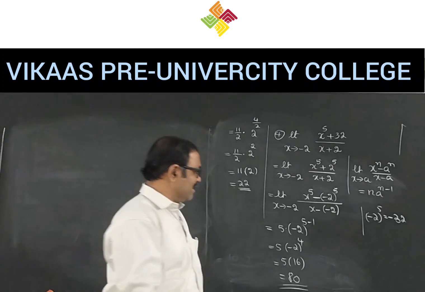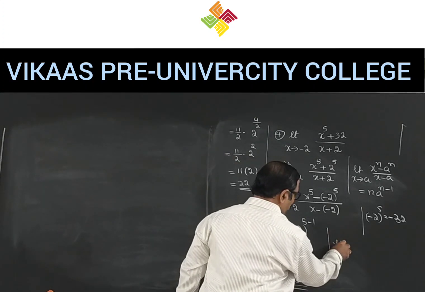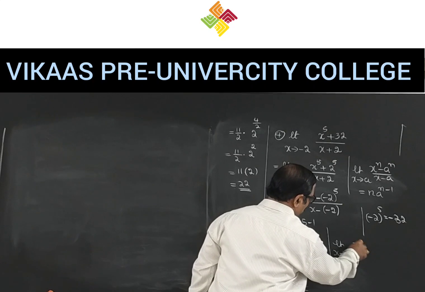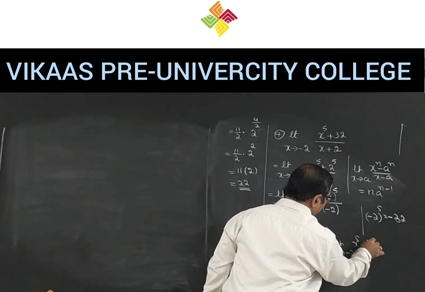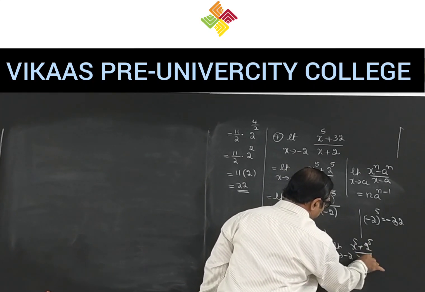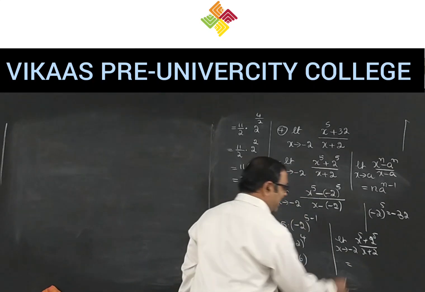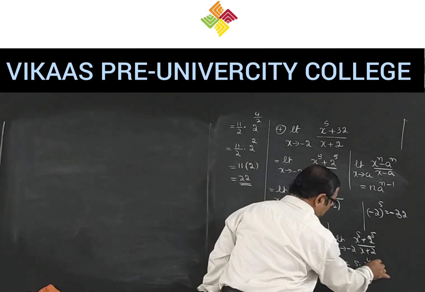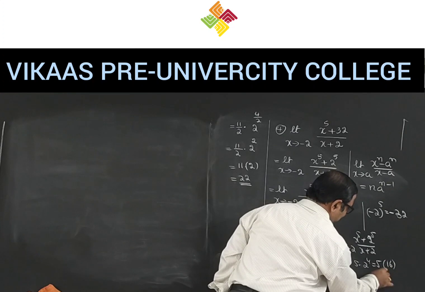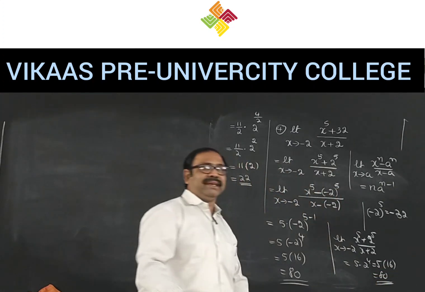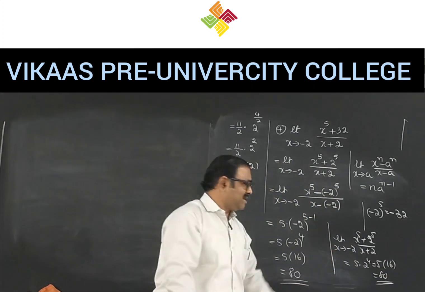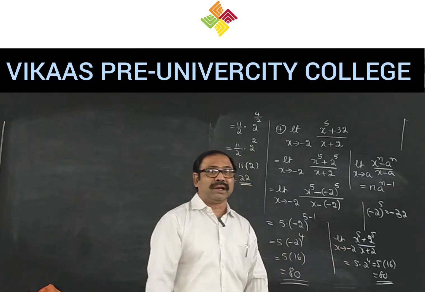Now students, just listen. Suppose you write x tending to minus 2, x power 5 plus 32, meaning 2 power 5, by x plus 2. If you directly write 5 into 2 power 4, 5 into 16, you will get the answer 80. If this is an objective question, then the method is not required.